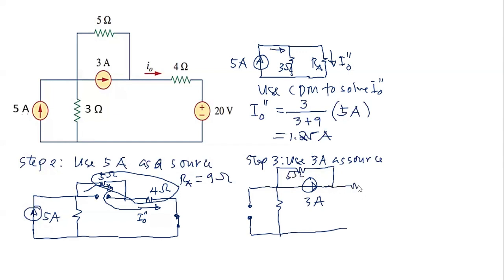And we have the 4 ohms, and the source voltage will be replaced by a short circuit. And still, we assume that the current IO here is the same direction as the direction given in the circuit. So we'll call this as IO triple prime. This current is the current when the 3 amperes is acting independently from the other sources.